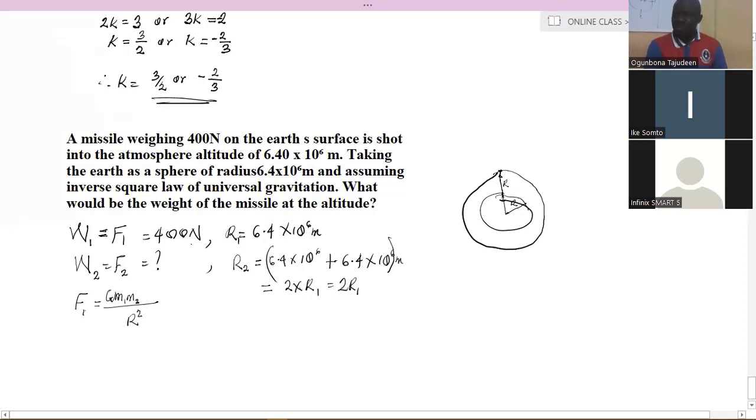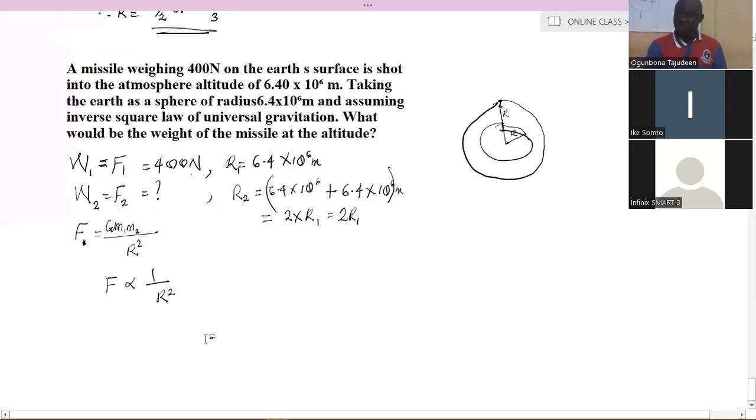It means that F is inversely proportional to the square of the radius. So in this case, let me just say that this one is constant.